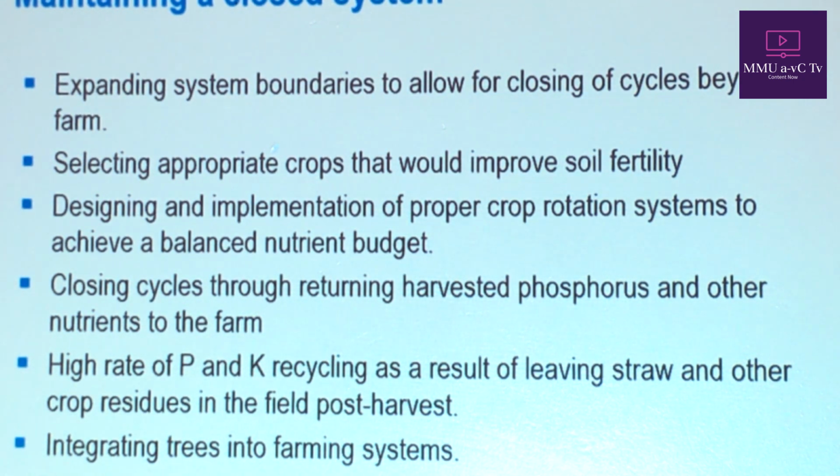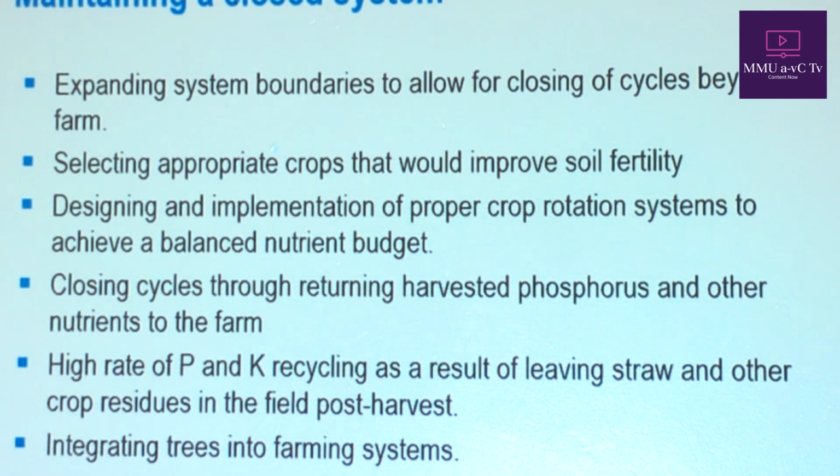Selecting appropriate crops that would improve soil fertility is another way to close the cycle so that the nutrients are optimally used by the plants. Designing and implementation of proper crop rotation systems to achieve a balanced nutrient budget. These nutrient budgets are planned according to what the crop you are growing this season would require and the next one would require.